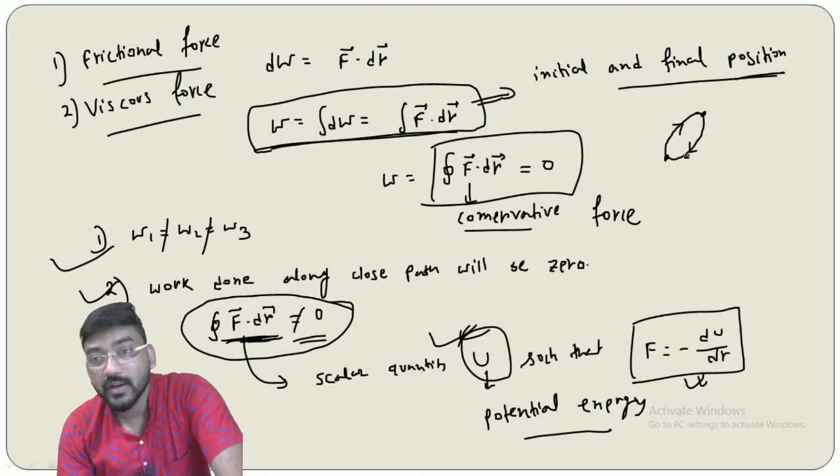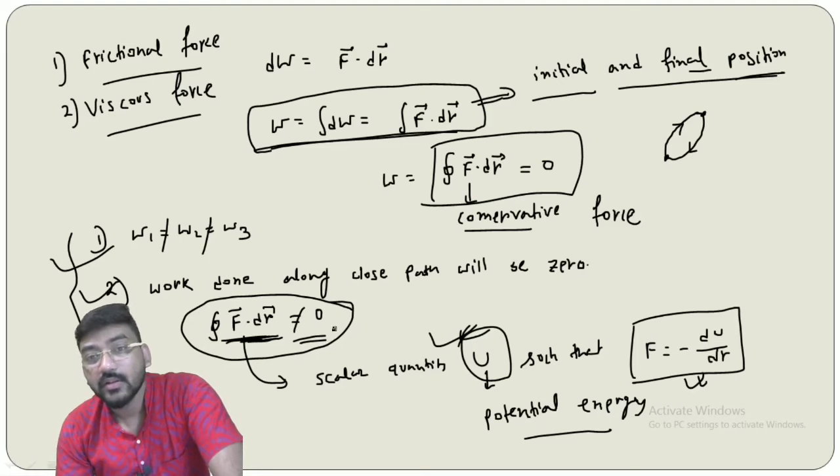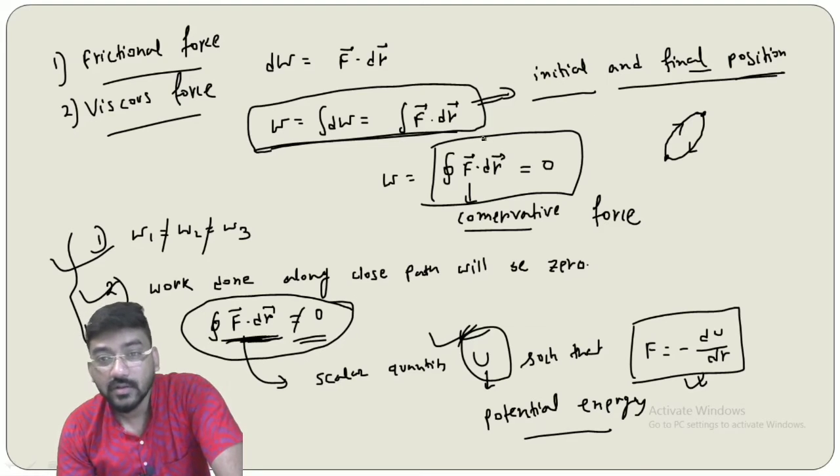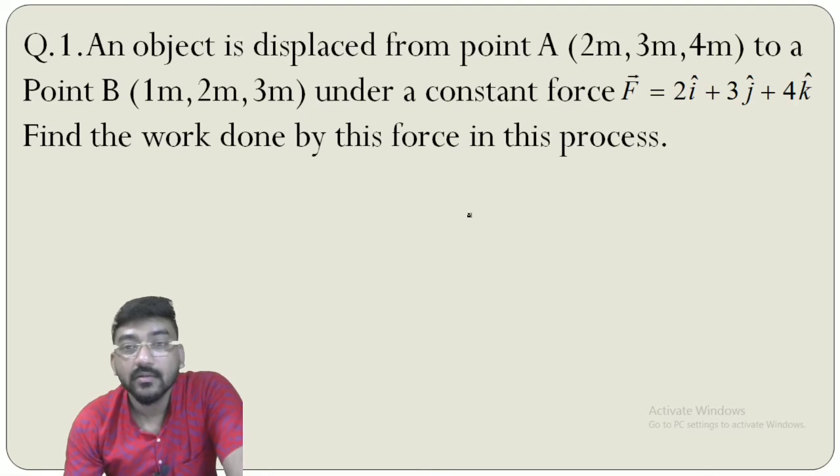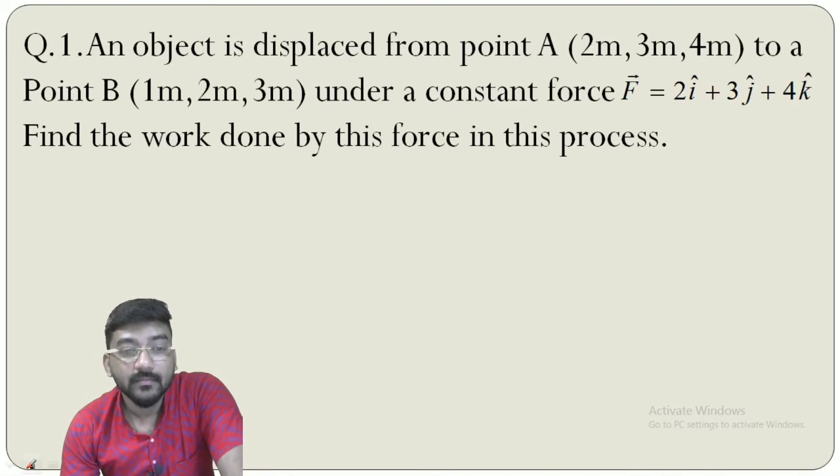And these are the consequences of the closed line integral of F dot dr, the work done along a closed path, being 0. Let me solve one or two problems so that you can understand the thing.